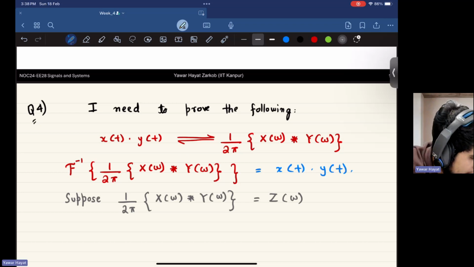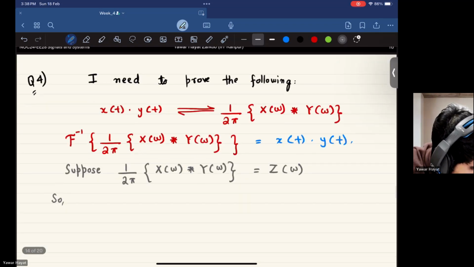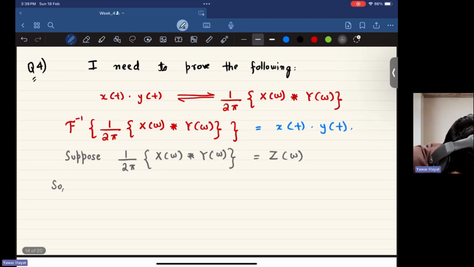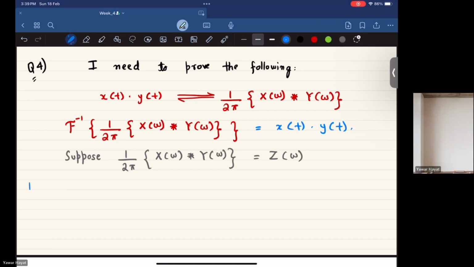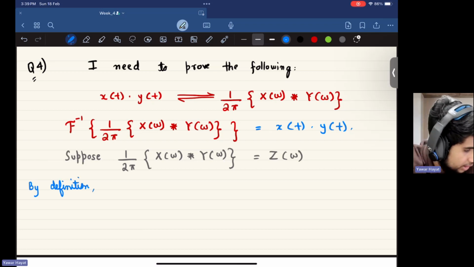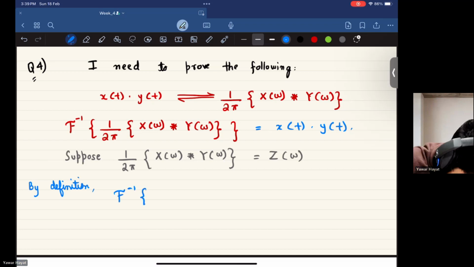So by definition, what is the inverse Fourier transform of this Z of omega?